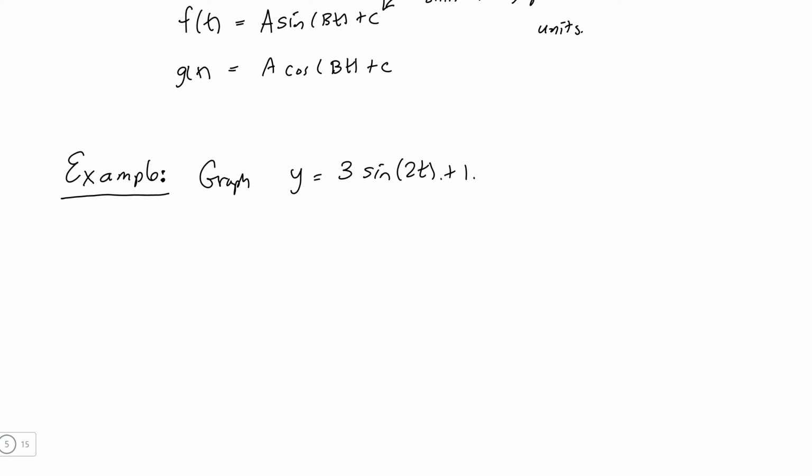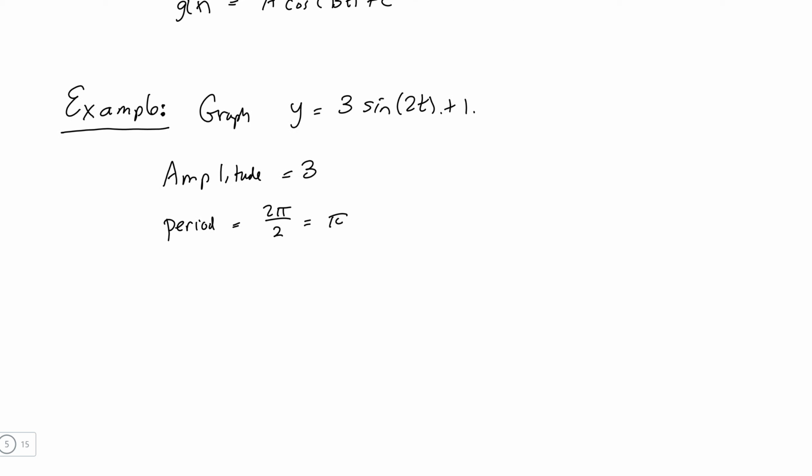The first thing to note is our amplitude. That's this coefficient out front, so that's 3. Now our period should be 2 pi over this b, so our period is pi, and then this plus 1, we shift vertically by 1 unit.